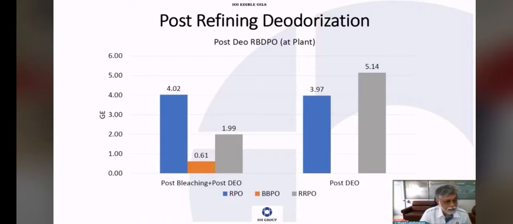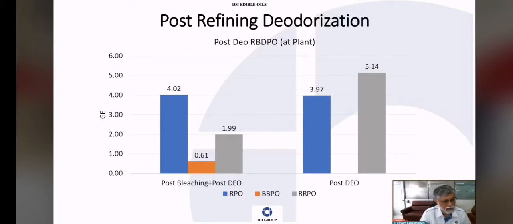This one we did in the plant. We had a GE of about 4 ppm. The next bar is after we bleach the oil. You'll see there's a significant drop in the GE levels just by using bleaching earth. And then when we send it back through the deodorizer, it bounced back up again. This is from one plant going to a second plant's deodorizer. When we repeated that without any bleaching, we had again about 4 ppm GE.